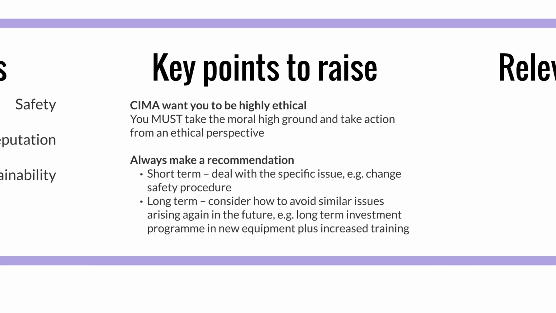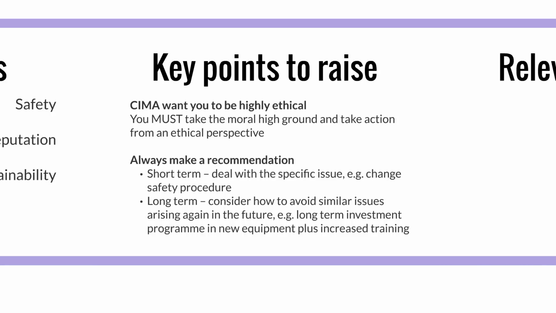So, for example, I've just put a random example here of changing a safety procedure because perhaps there's been an accident, or perhaps one of our health and safety people hasn't identified a particular issue in a tenant's building. So you deal with that by changing the safety procedure to make sure it never happens again. But how do we avoid other issues from happening in the future? How do we, in general, improve our safety?